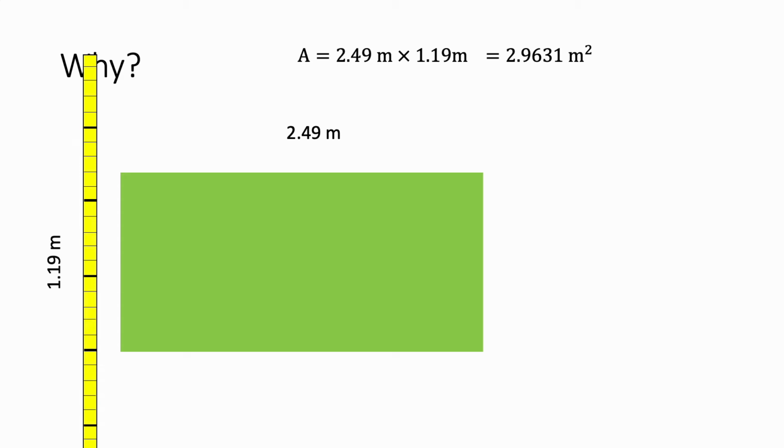Can we actually measure to a 10,000th of a square meter with our meter stick? We can't. So we're just going to say, what can we measure? Well, we can measure 3 sig figs with this meter stick. As you can see, that's what we got for both sides. We got 3 sig figs. And so we're going to report 3 sig figs here. We're going to get 2.96 square meters.